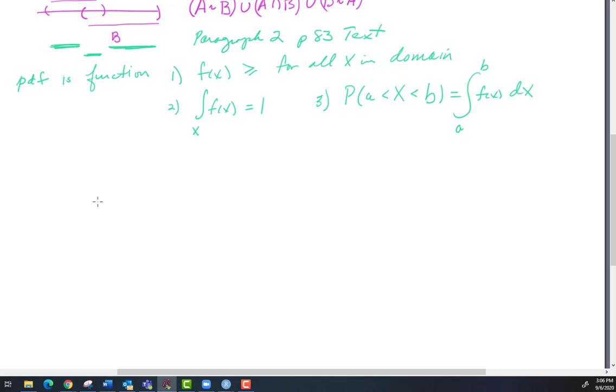If a function satisfies these conditions, then it's a probability function for the random variable x that we've inserted down here.